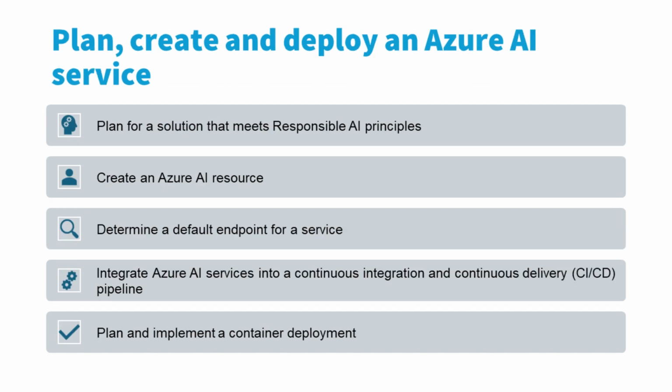The second objective is plan, create, and deploy Azure AI services. This objective involves effectively planning, creating, and deploying Azure AI solutions, which includes considering ethical principles and biases in AI design and deployment, setting up necessary Azure AI services like Azure Machine Learning or cognitive services, and determining the service endpoints, basically identifying and configuring the default endpoints for Azure AI services.